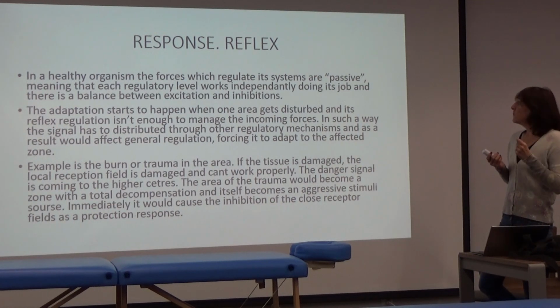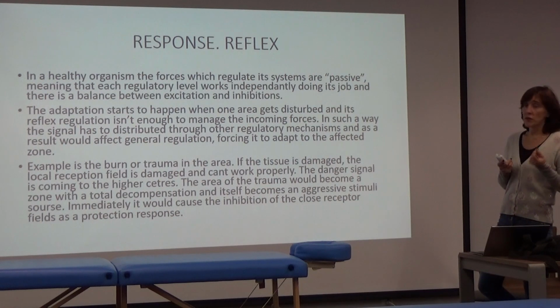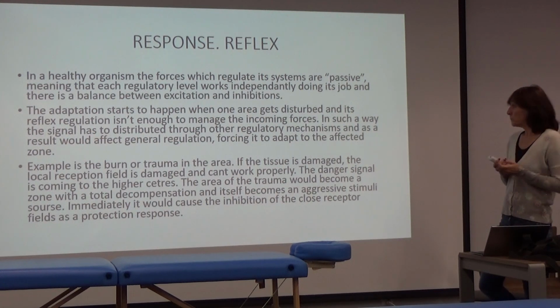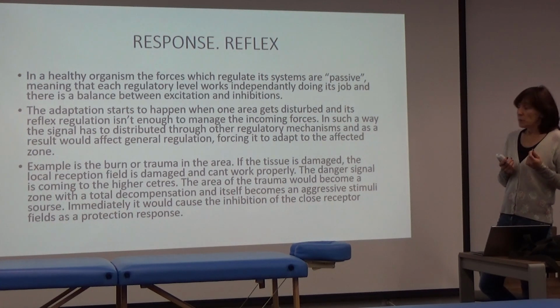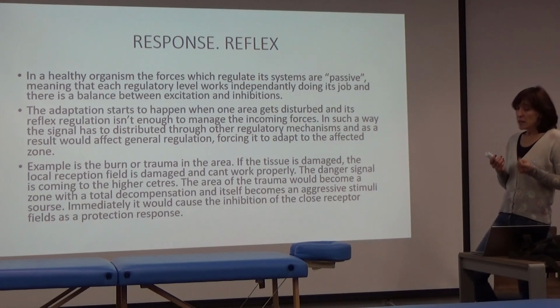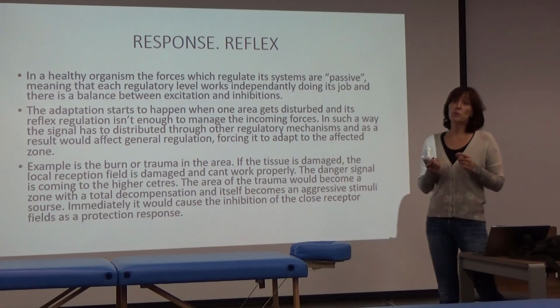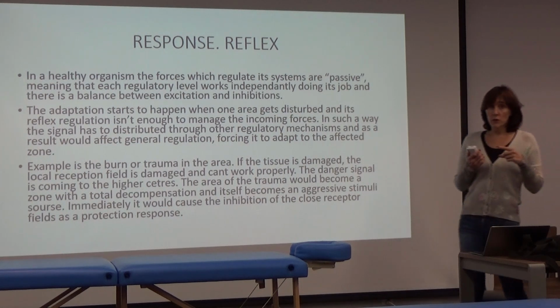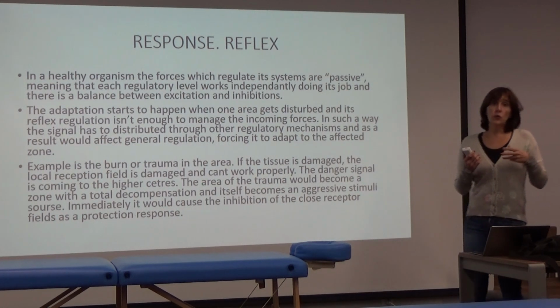Then, if any area of the body gets disturbed, and the basic, standard reflex regulation is not enough to manage this incoming stimulus, then we're going to start to adapt. And what does adaptation mean? It means that the excessive signal has to be distributed through all other regulation levels. And the signal will force the organism to adapt to its intensity.